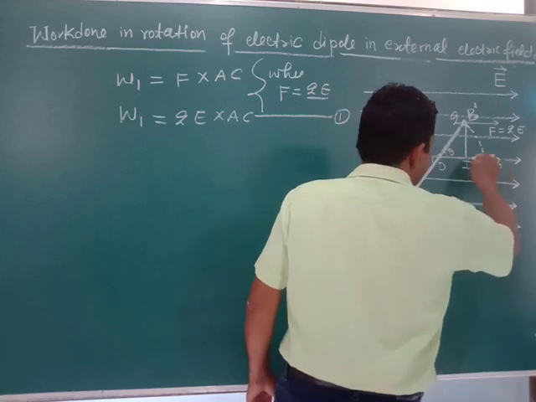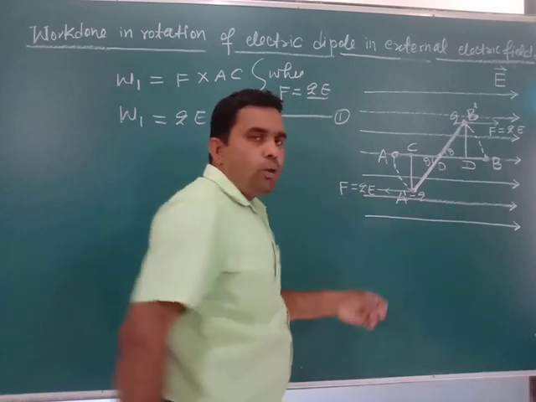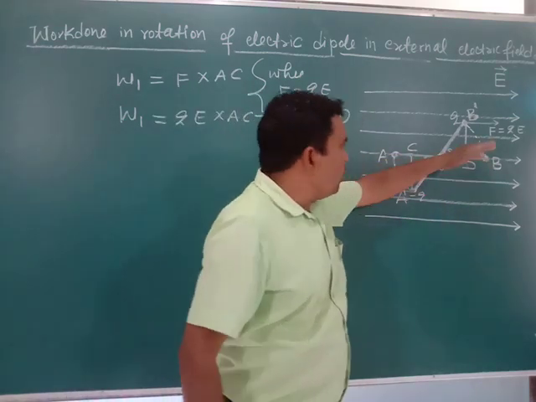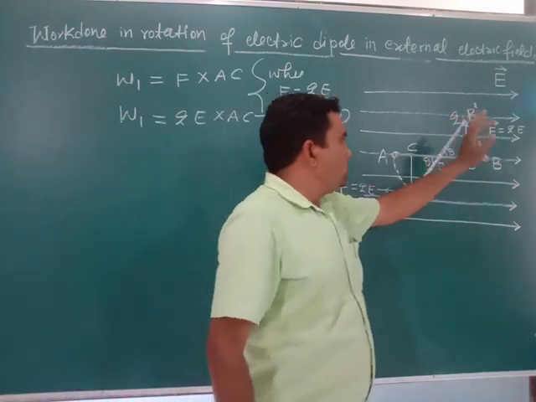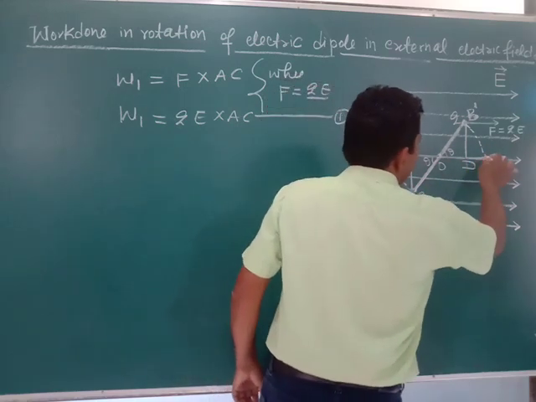When we rotate the electric dipole through angle theta from the field direction, charge plus q is displaced by distance BD.